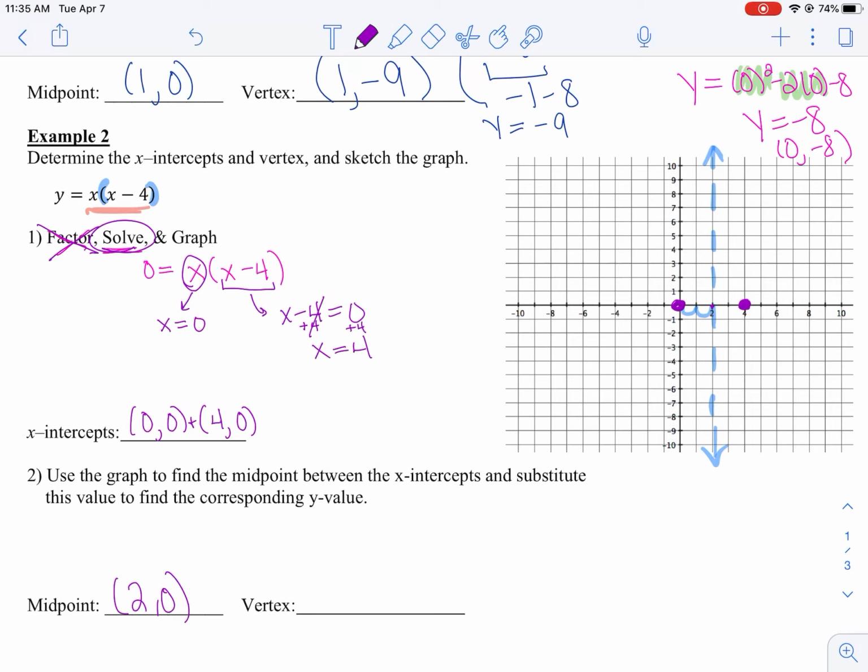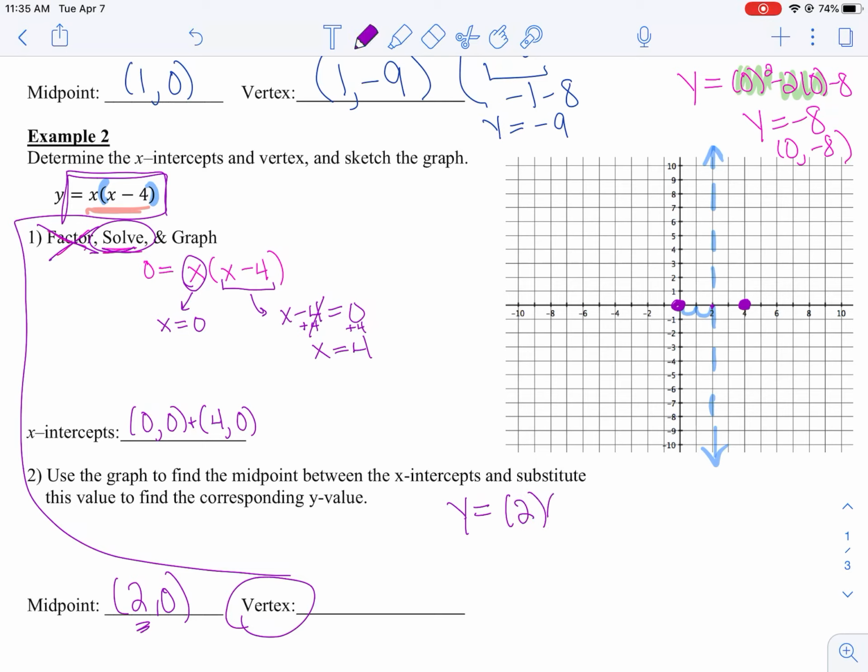The process to find the vertex is going to be the exact same thing. We are going to find the vertex by going back to the original and putting 2 in this place for x. So y equals, x is, not 0, x is 2 times 2 minus 4.